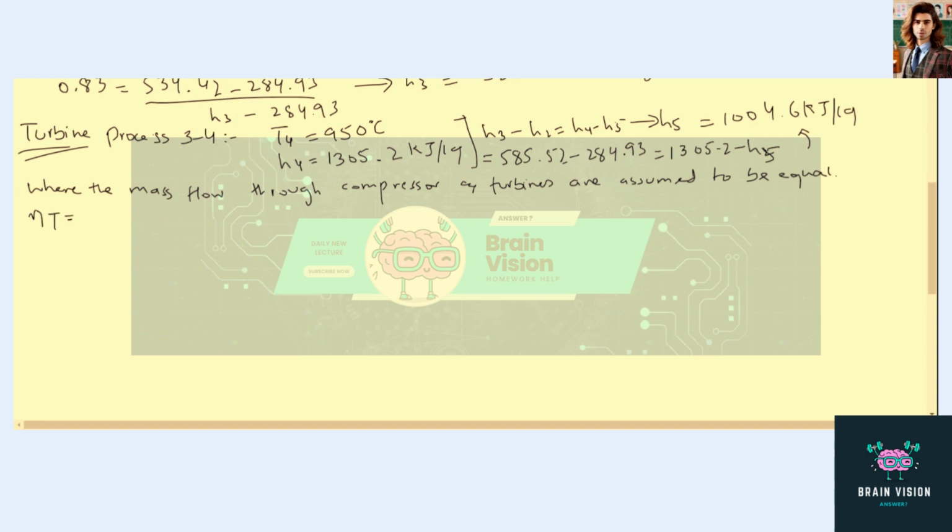Efficiency of a turbine is equal to H4 minus H5 divided by H4 minus H5s. Putting the values, H5s is equal to 943.04 kilojoule per kg.